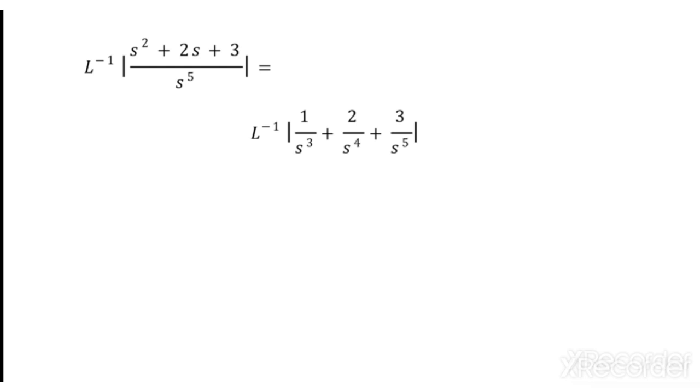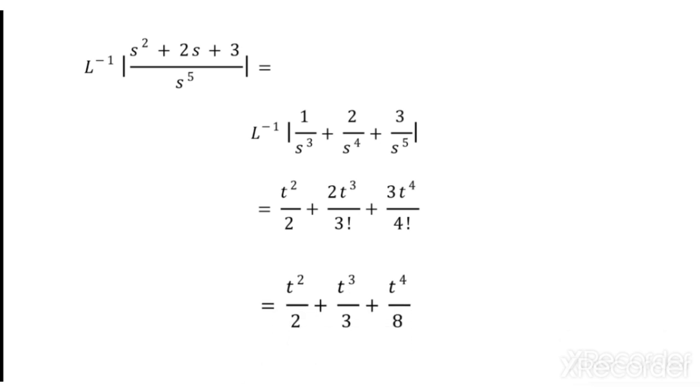So here also L inverse term by term you can operate, linearity property, 3 times L inverse of 1 over s power 5. So applying 1 over s power n result, that is t power n minus 1 by n minus 1 factorial. So I have t square by 2 factorial, then 2 times t cube by 3 factorial, 3 times t power 4 by 4 factorial. So which gives t square by 2 plus t cube by 3 plus t power 4 by 8.